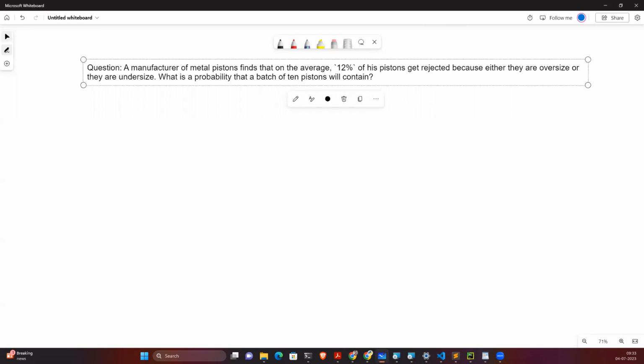A manufacturer of metal pistons finds that on an average 12% of his pistons get rejected because they are either oversized or undersized. What is the probability that a batch of 10 pistons will contain number 1 question? Let me put down the question now.